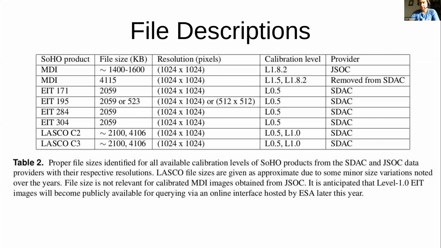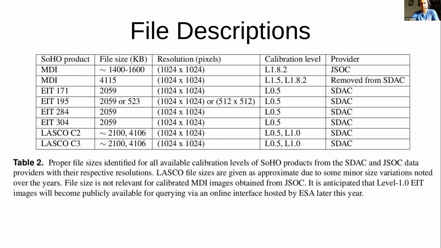And there are different calibration levels as well. MDI, as it resides on JSOC, has the highest level, at least when writing this paper, which was level 1.8.2. In the pipeline, there are also options to work with the coronagraphs at processing level 1 rather than 0.5.